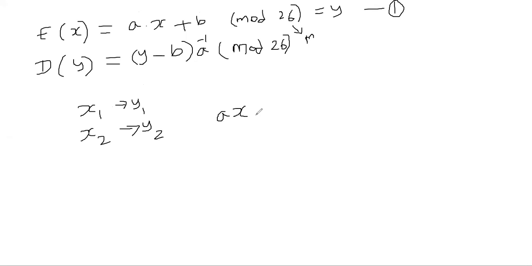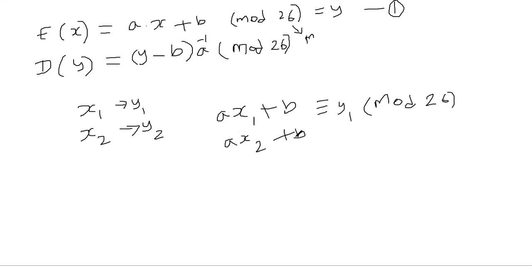So I have A X1 plus B is congruent to Y1 mod 26. There's nothing specific about 26. You can replace it by any other modular number you like. It has to be the size of your alphabet set. And A times X2 plus B is congruent to Y2.